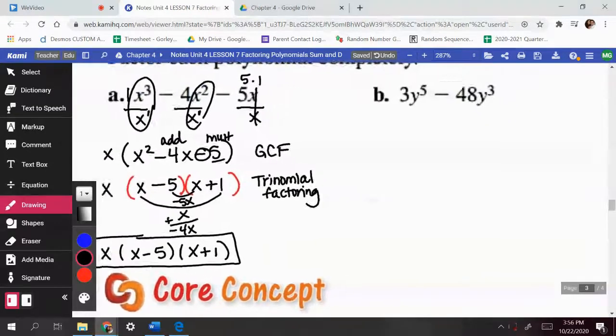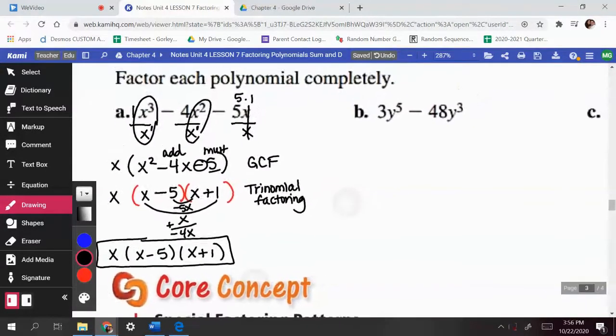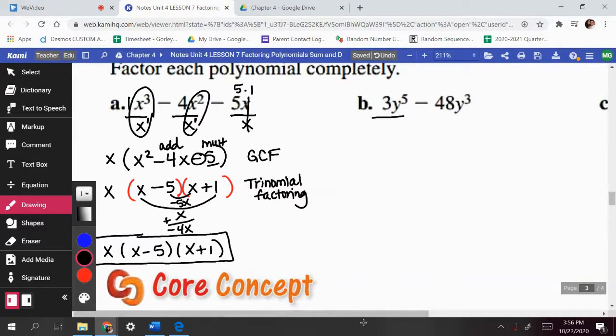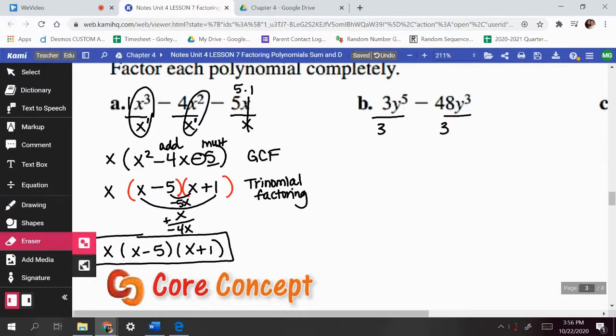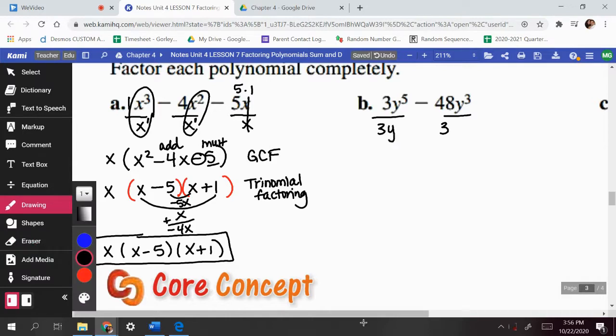All right, going on to the next one. Use GCF first. What are they both divisible by? It looks like they're both divisible by 3. Okay, and then we'll use the lower power of y cubed. Okay, so I'll factor out a 3y cubed. 3 divided by 3 is 1.